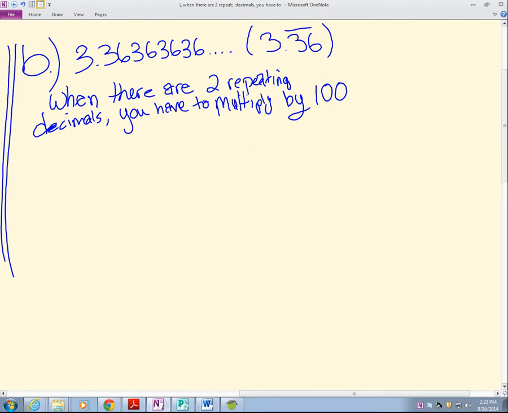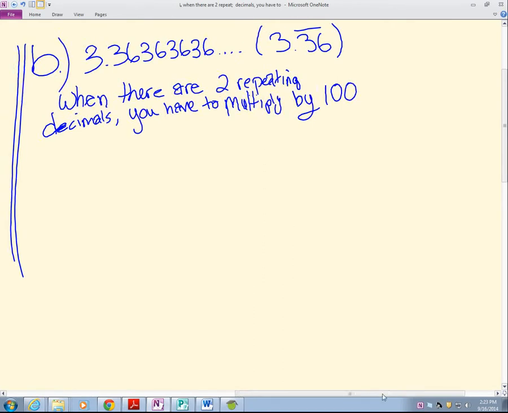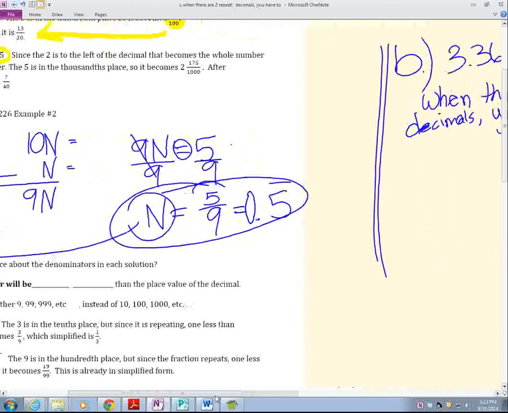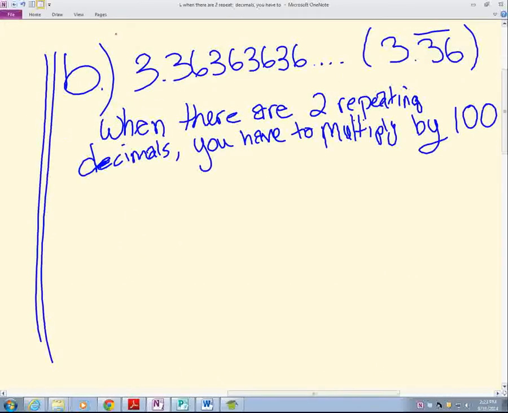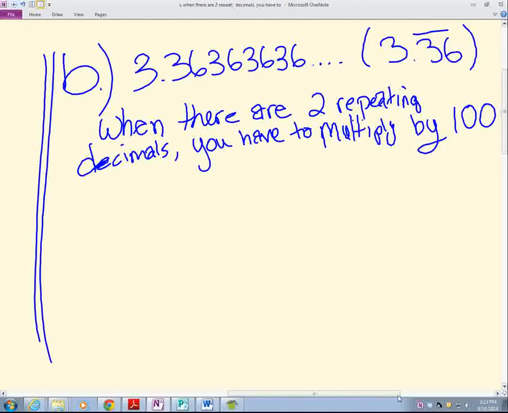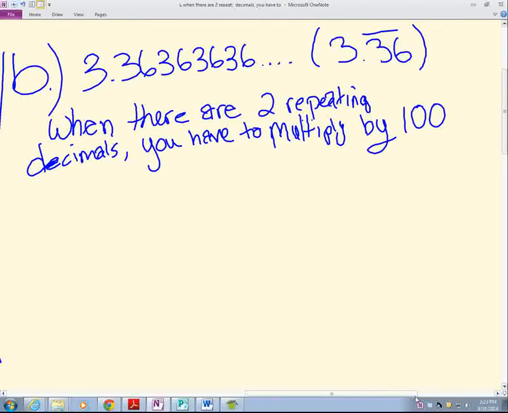So, just as we did over here, we are going to assign that number as a variable. Let's keep it normal and go n equals 3.36 repeating. Is everybody done writing that down? I'll give you another second before I move it up a little bit. 3, 6, there.